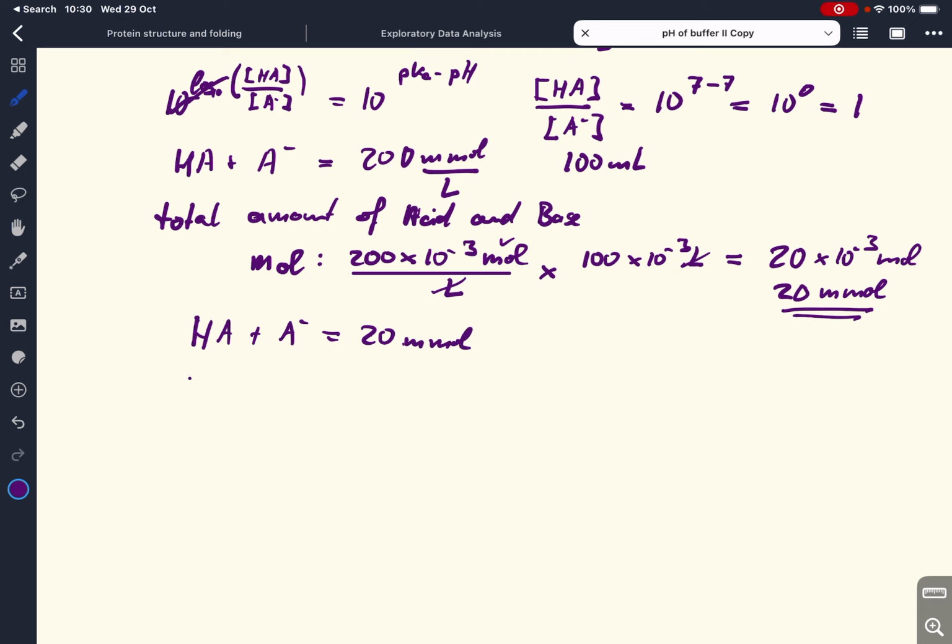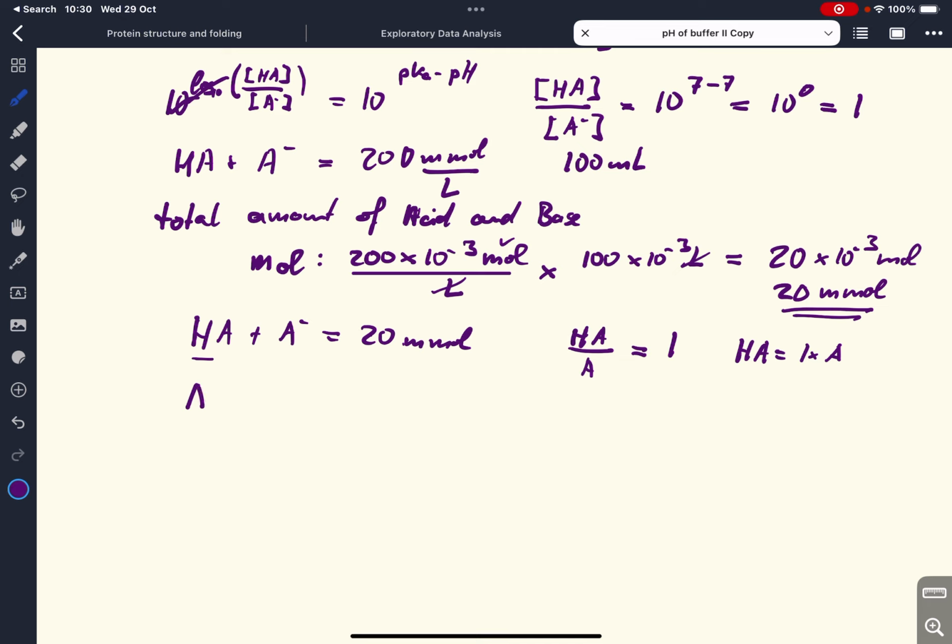And we know that the ratio of HA to A minus equals 1. So we can basically replace HA, or we can say HA equals 1 times A, and we can take that and plug that into this equation.